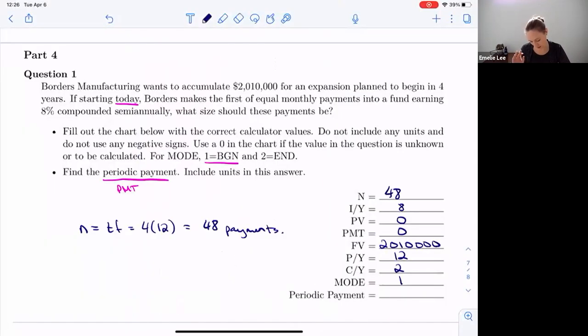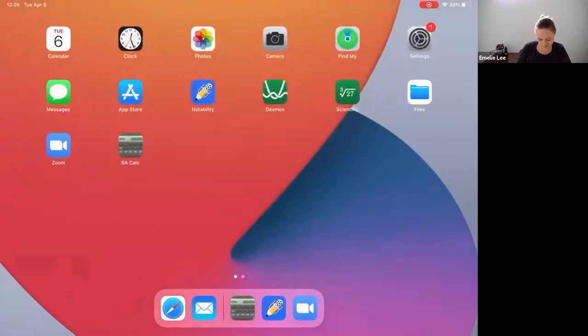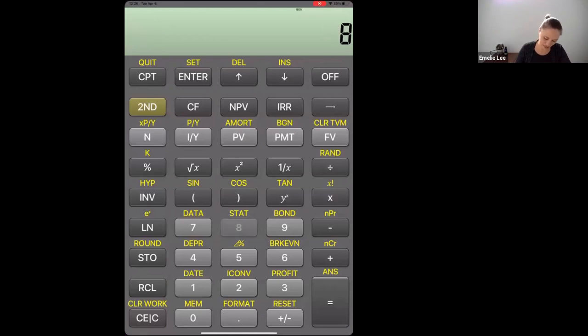Okay, committing to memory, here we go. 8% per year, 0 present value, trying to find the payment amounts, and then 2,010,000 is my future value.